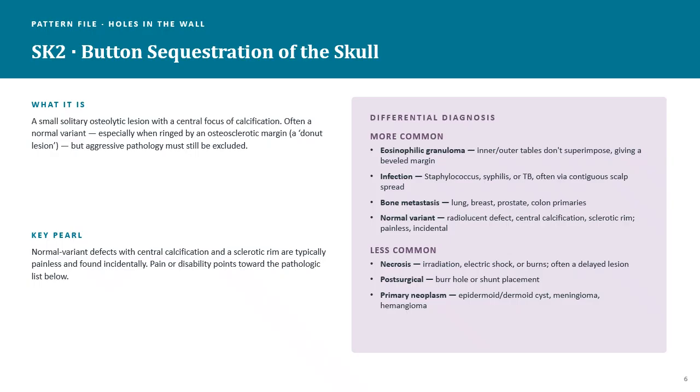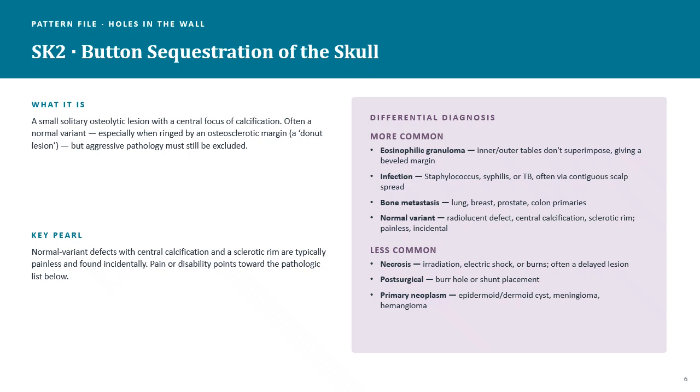Now, we can't automatically assume that every lesion that looks benign is benign, because there are some skull lesions that can actually metastasize. So again, we're not making the diagnosis, but this is what that appearance looks like. So we're not going to assume that it's benign.